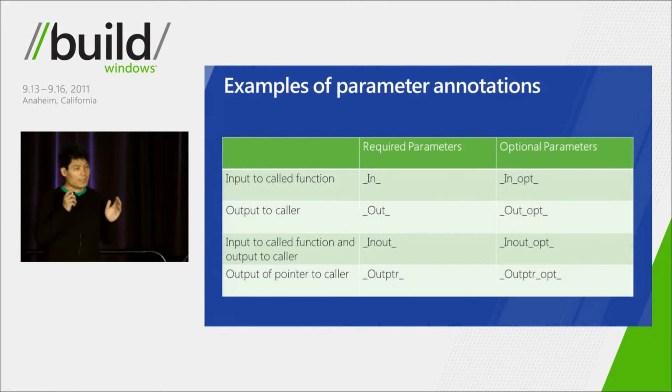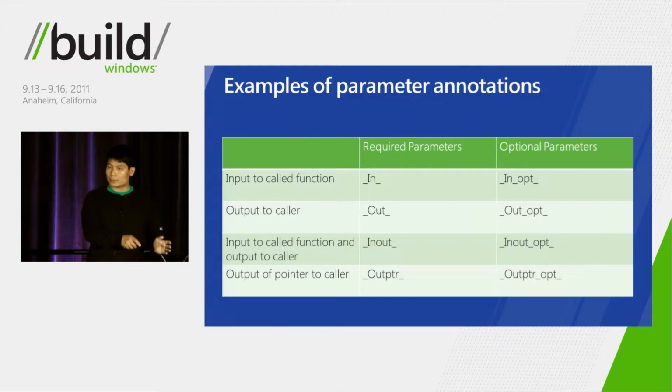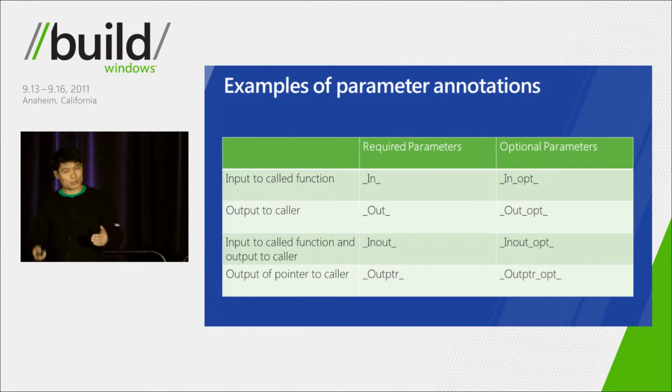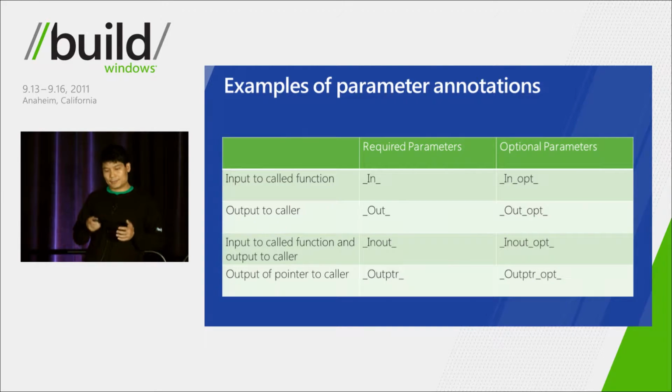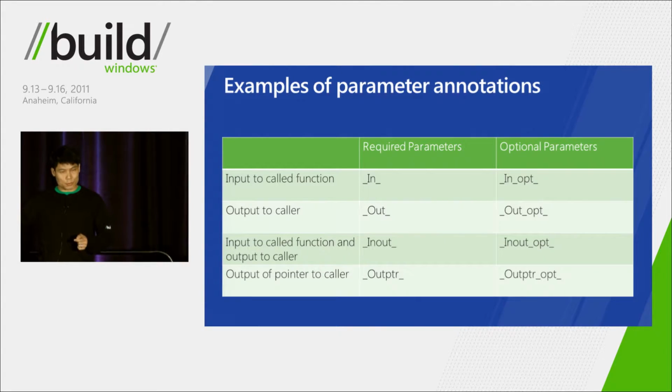If you have a pointer pointing to an output, which has not been initialized yet, and you're expecting this function to fill that in, then you should use annotation out. If the parameter provides both input and output, you use in-out. The annotation out pointer is very similar to the annotation out, except it's for a pointer to a pointer parameter.